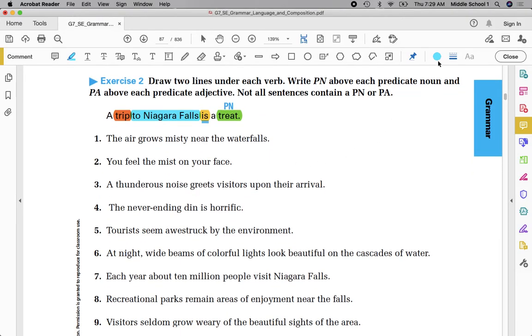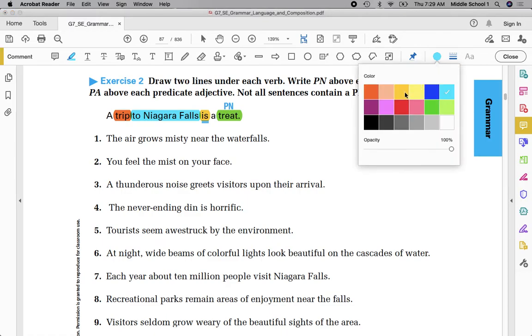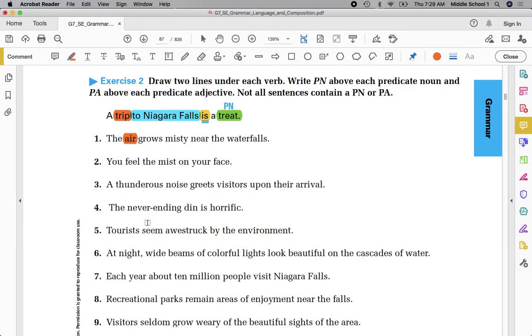Sometimes I know that students like to do this in pieces or parts. They like to find the subject. They'll take a group of 5 sentences and then they'll go and they'll find the verb. We can try that. Someone said that worked well for them. Number 1, what's the subject of my sentence? Air. What's it talking about? You. What's it talking about? Noise.